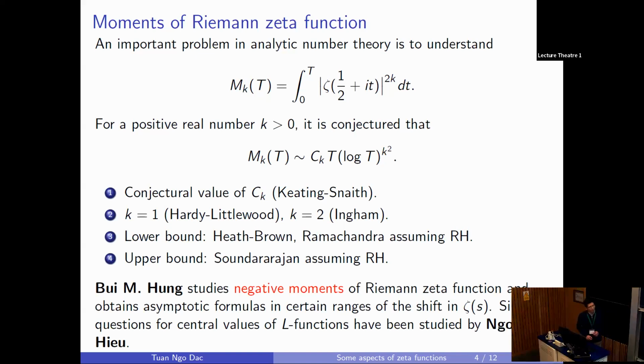And here we have two Vietnamese colleagues who are studying this kind of problem. Bùi Minh Hưng from Manchester studies not really positive moments, but negative moments of the Riemann zeta function, and recently he obtained some asymptotic formulas in certain ranges. And Ngô Chung Hiếu studies some related questions for central values of other kinds of L-functions.